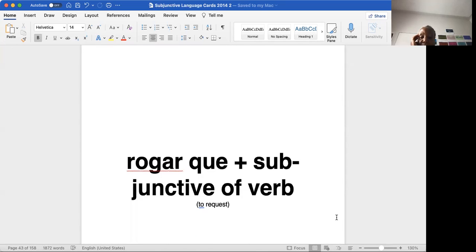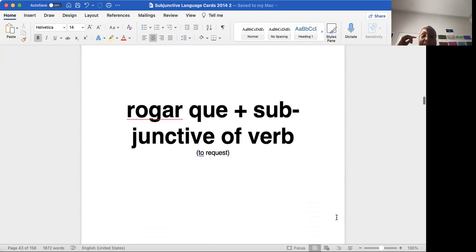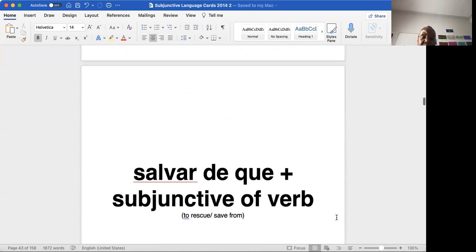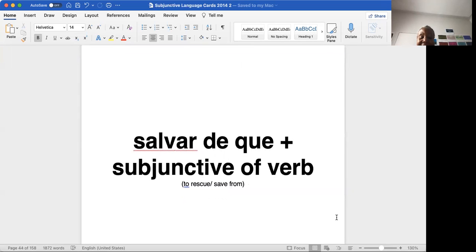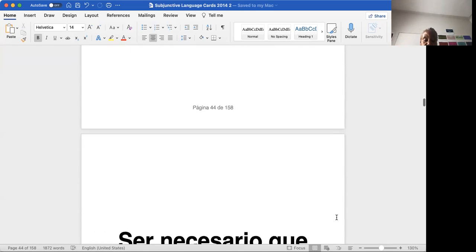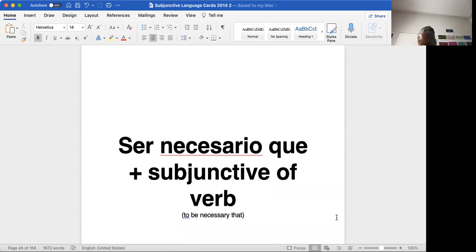Rogar que, to request or to beg. Rogar means to beg. By the way, this is irregular. A couple of these verbs are irregular. Salvar de que, to rescue or save from. And when it's de que, that's how you have to conjugate, you know, yo, tú, él, ella, nosotros, usted, ustedes, okay?